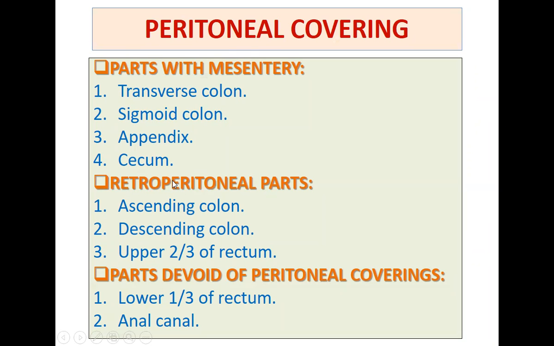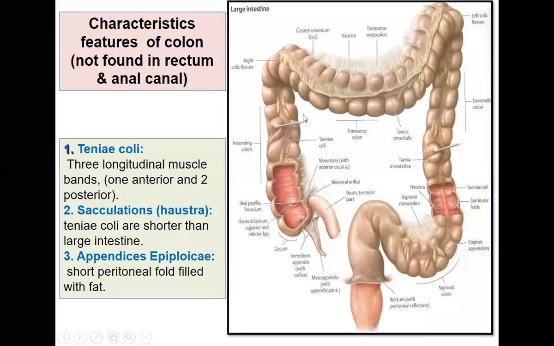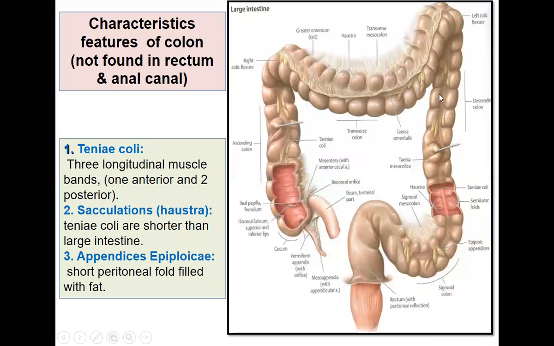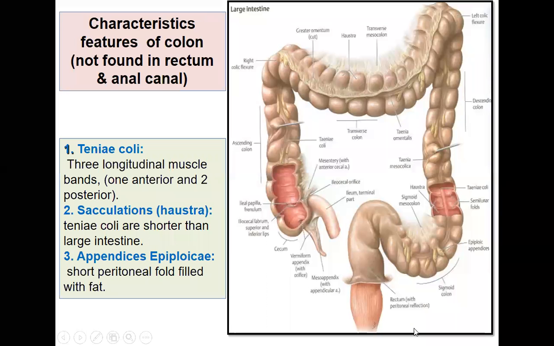One is the ascending colon. If you see here, this ascending colon is retroperitoneal. It is behind the peritoneum, so there is no fold of mesocolon here. Then the descending colon, which doesn't have a mesentery or mesocolon. Then the upper two-thirds of the rectum. If you see here, this is the upper two-thirds of the rectum.